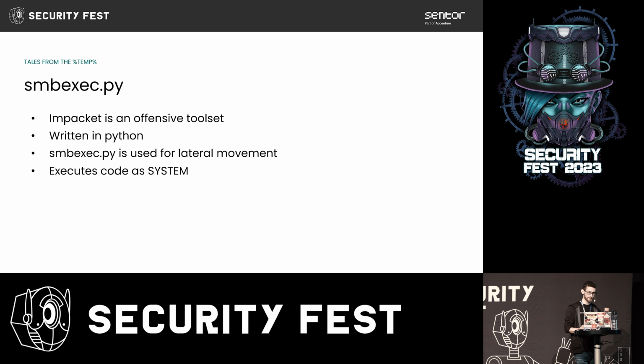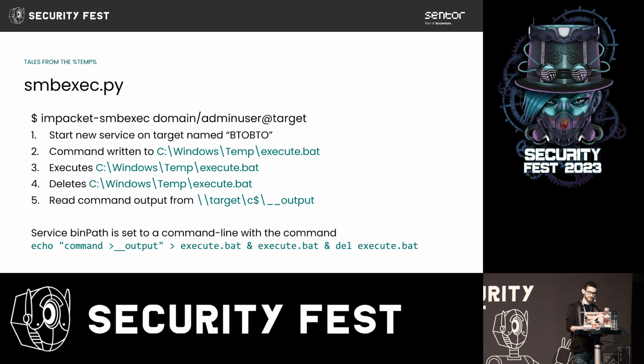But SMB exec is used for lateral movement. It's really a super basic script. It's used to execute code as system. It's easy because they don't deploy an agent on the target. It just creates a new service, writes a command line to the bin path of the service, and then executes that.